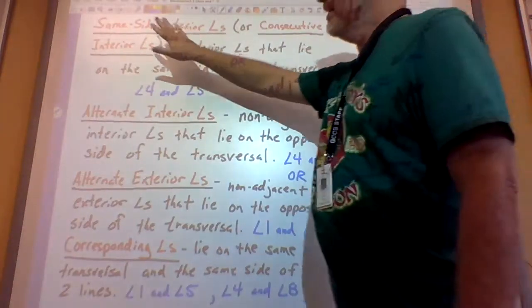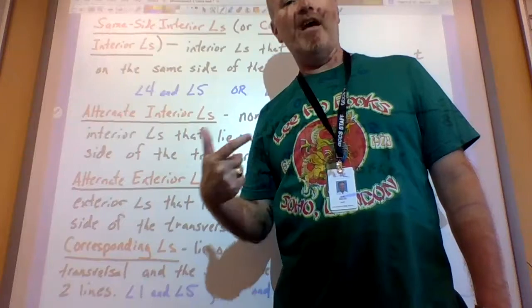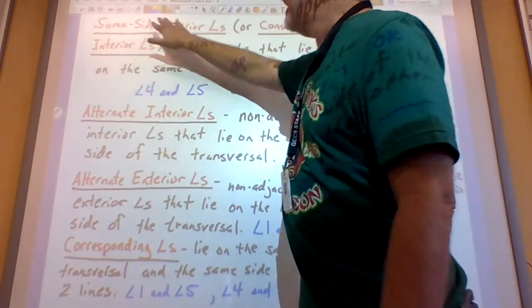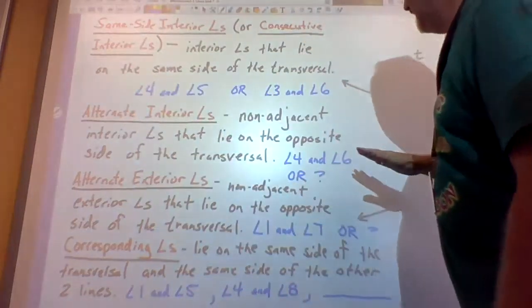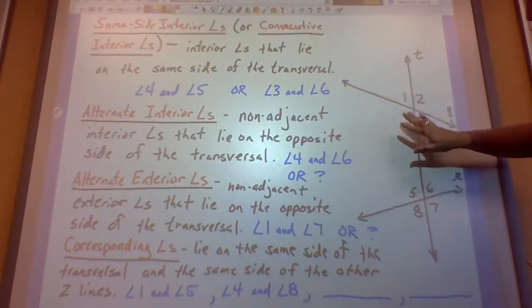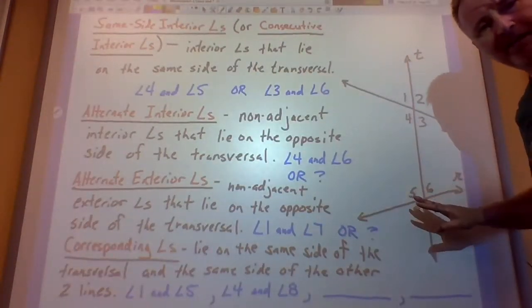All right, so the cool thing about these is their name kind of helps you decide who is who. So same side interior. Now, one key is that each person up here has one of these relationships with somebody down here, all right?